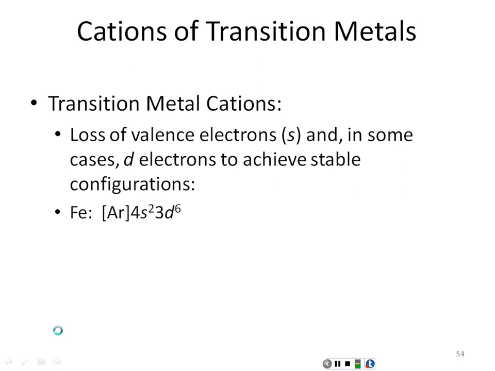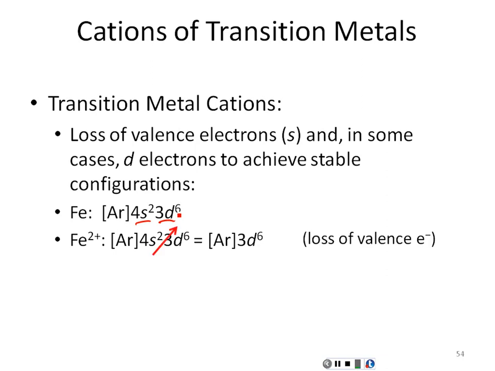So if we look at iron, elemental iron has an electron configuration of 4s2 3d6. Iron 2+ loses 2 valence electrons and becomes argon 3d6, and that's really very important to recognize.